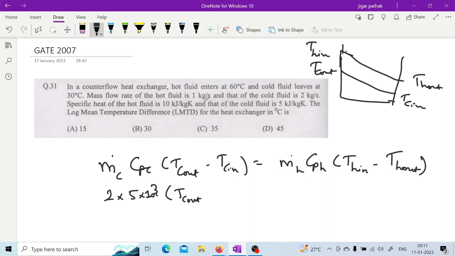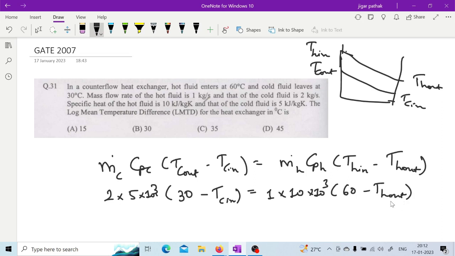TC out is mentioned as 30, right? Cold fluid leaves at 30, so TC out is mentioned as 30. TC in is not mentioned. mH is given as 1 and CPH is given as 10 to the power 3. Then hot fluid enters at 60 degree and TH out is not with us.